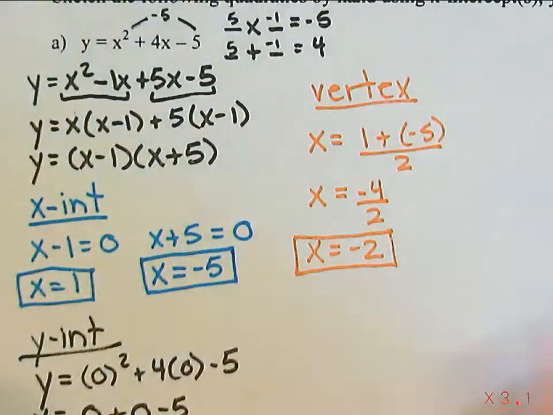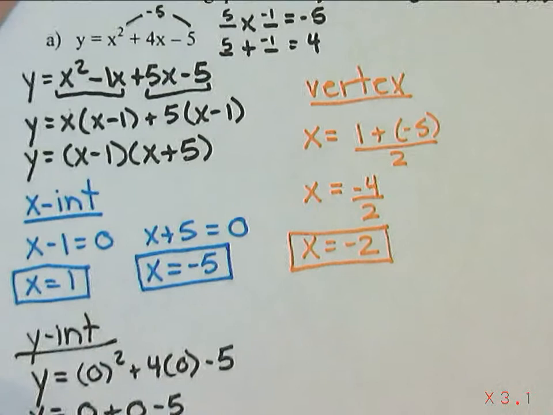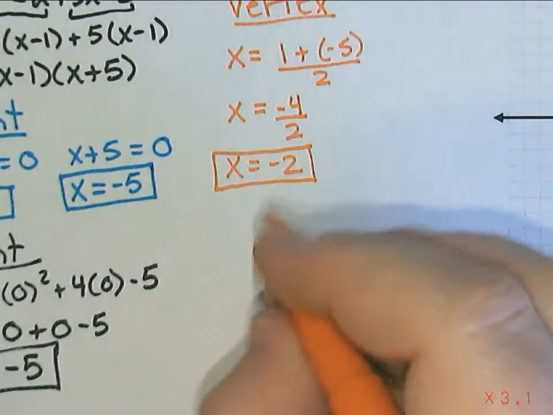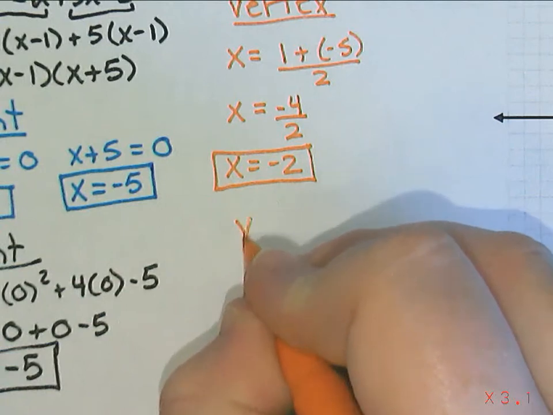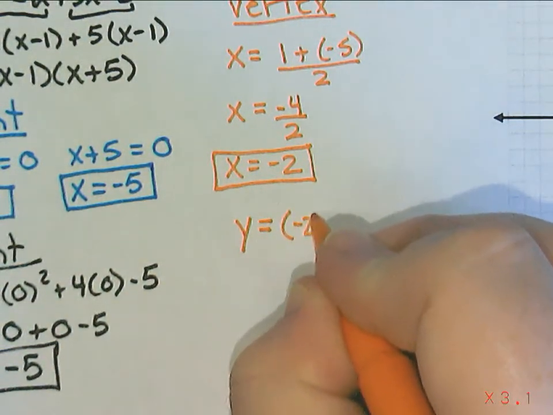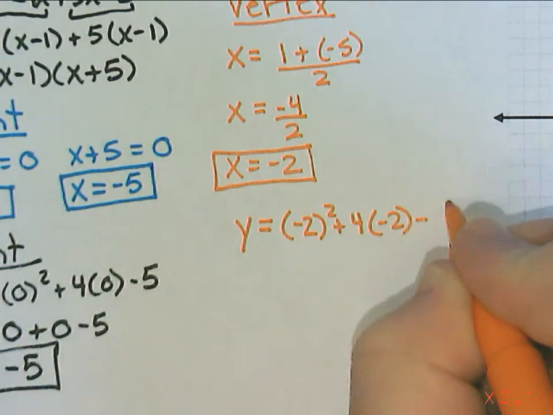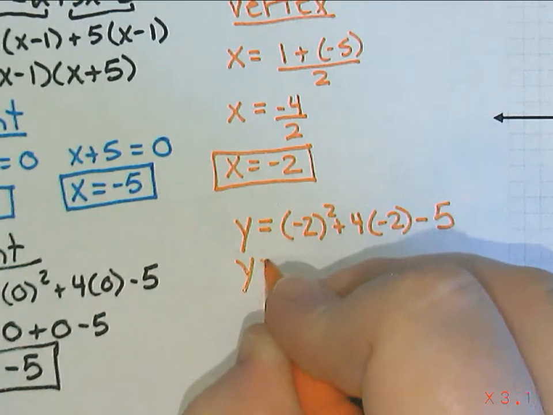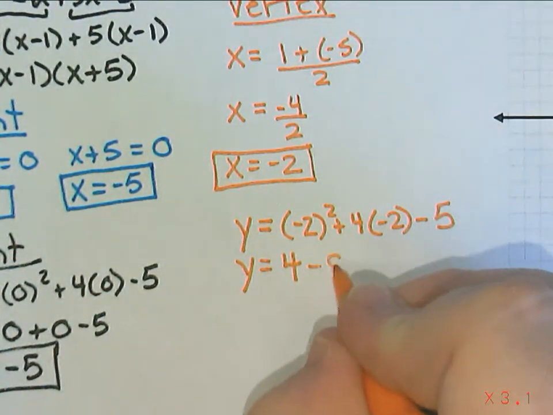Okay, now the vertex has an x and a y part to it, so to find the y part of the vertex, we take our equation, y equals x squared plus 4x minus 5, and everywhere we see an x, we sub in negative 2. So we're going to do negative 2 squared plus 4 times negative 2 minus 5. Negative 2 squared is 4. 4 times negative 2 is negative 8.